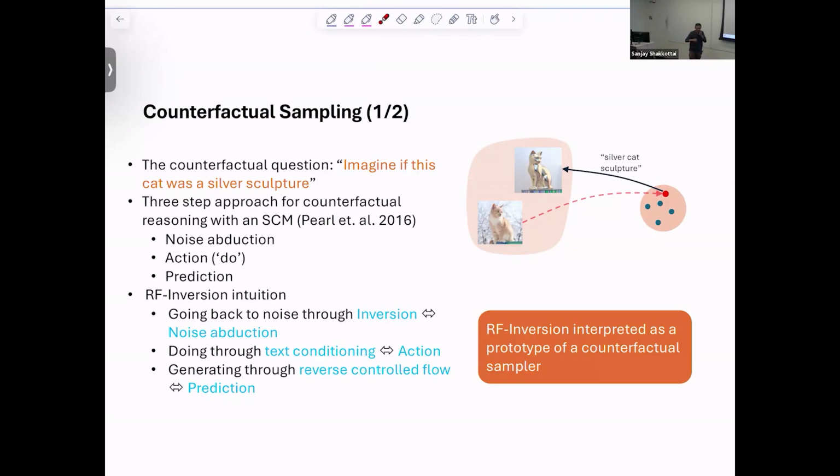When they talk about counterfactuals, it means a pair of graphical models with different structure, but both being driven by the same exogenous noise. So this pipeline of abduction, action, prediction is what they call counterfactual reasoning. And what we have talked about can also be interpreted that way, because flowing back goes back to the noise, and then you're doing text conditioning.